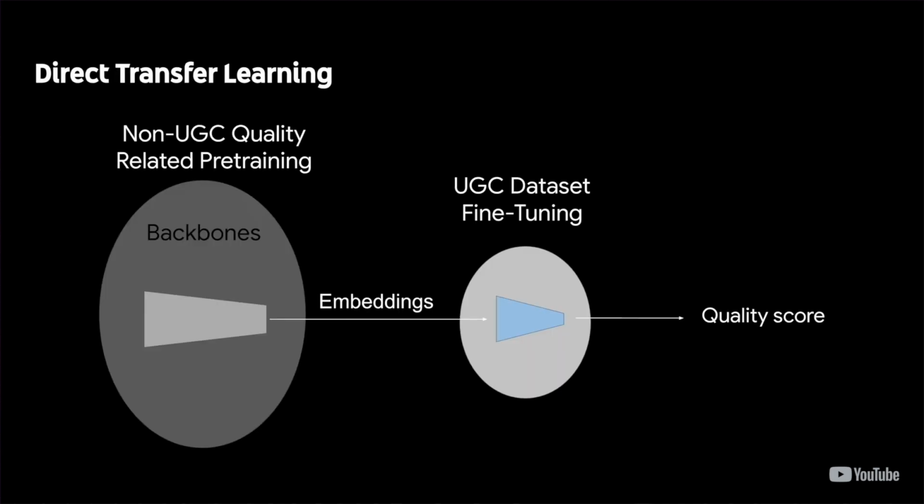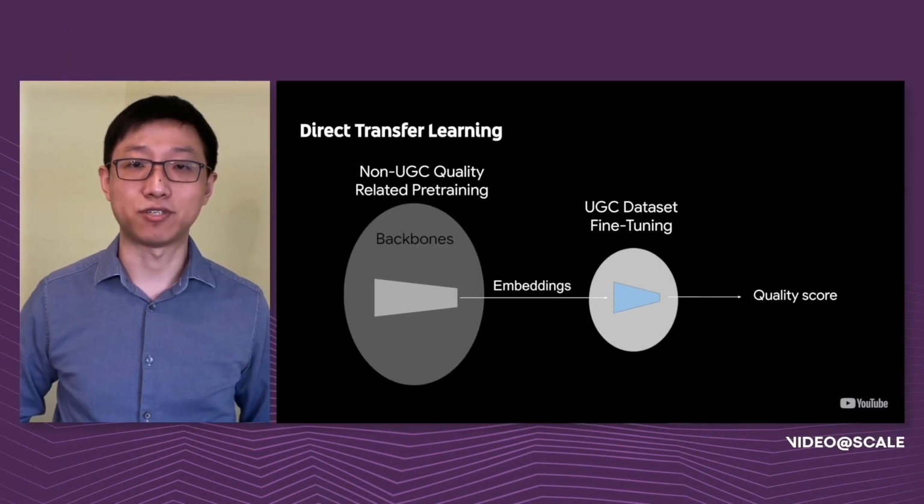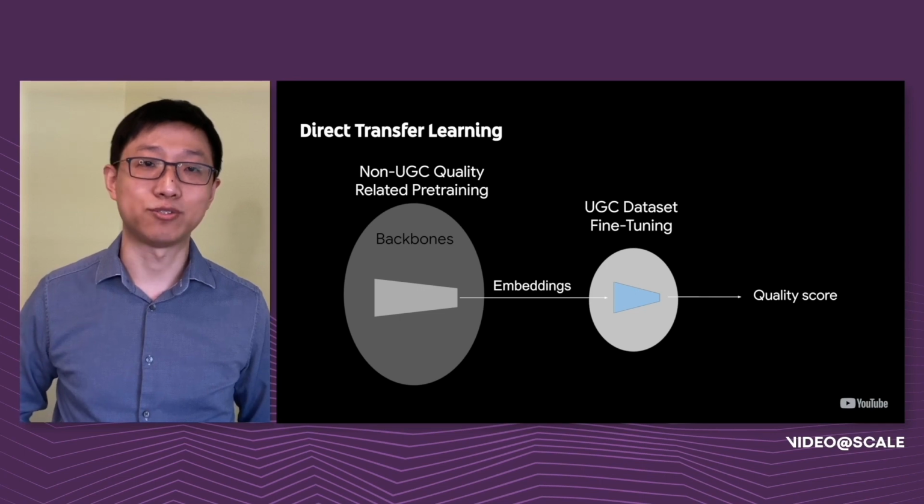This graph shows how transfer learning works. We select a backbone model pre-trained on a non-quality related dataset, and then fine-tune the model on a UGC quality dataset to get the quality score. This is the standard transfer learning framework that has been used in many machine learning-based VQA models.